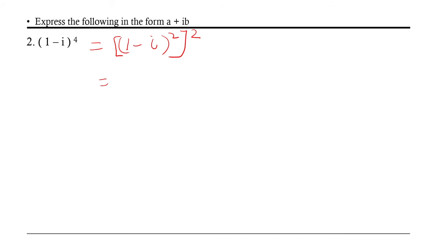Or we already know (a minus b) the whole square is a square minus 2ab plus b square. So I'm using that formula and I get (1 minus 2i plus i square) the whole square on expanding this.